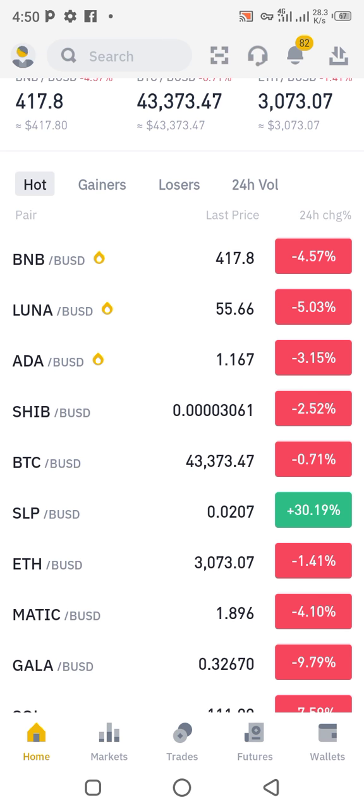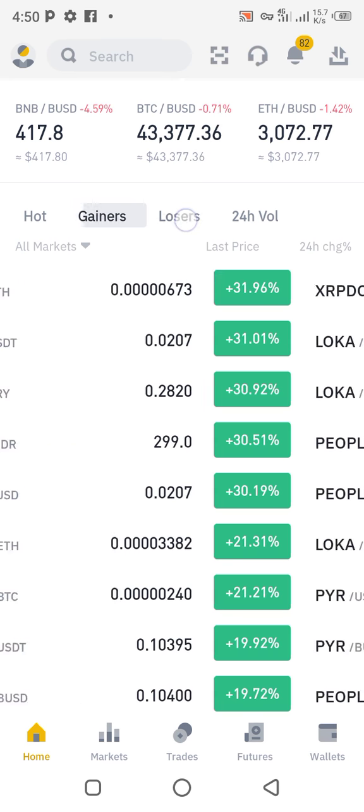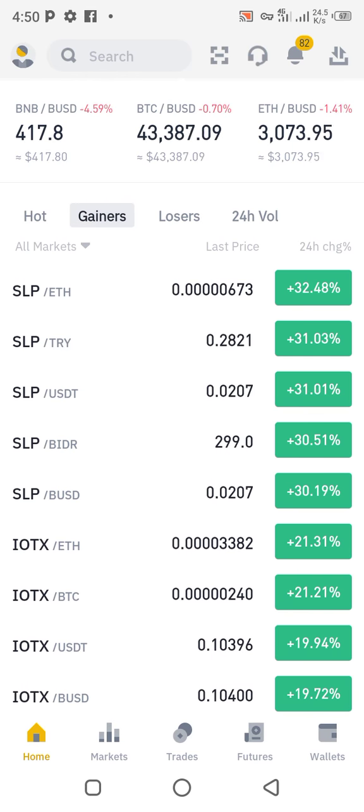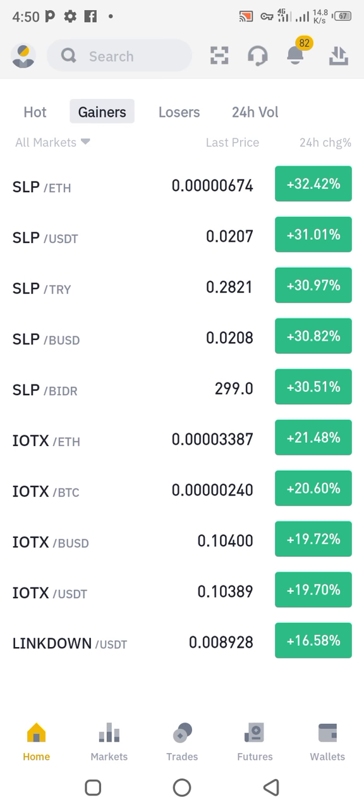So here we have hot, and we have gainers, we have losers, we have the 24-hour volume. Now, going back to gainers, what this means is that all these currency pairs have gained value within the last 24 hours, and that is why they are here.